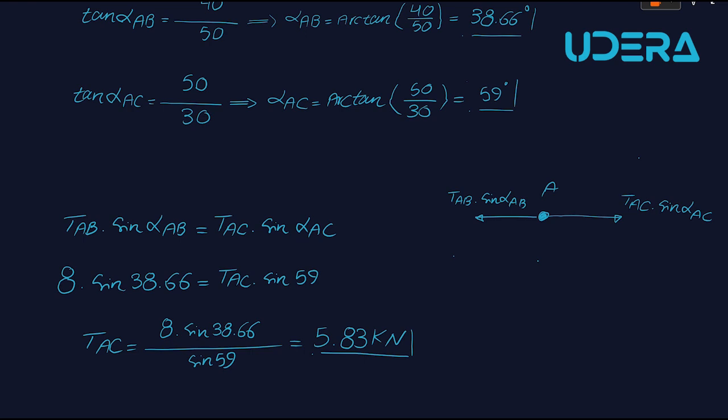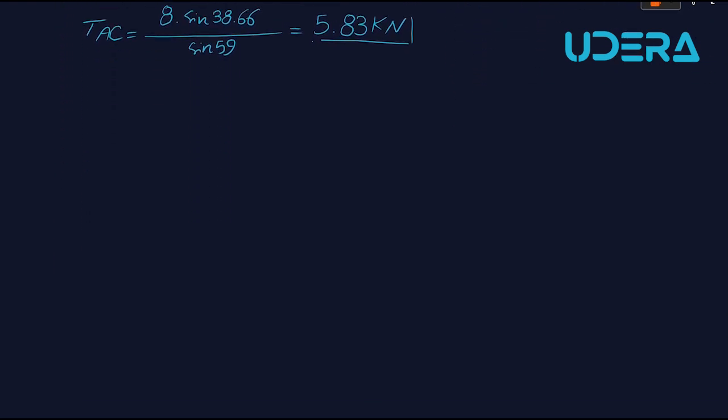The last step that must be taken is to find the vertical resultant vector at point A. So once again, let's consider point A where two wires are connected. At this time, it will be the sum of the vertical components of two force vectors TAB and TAC.